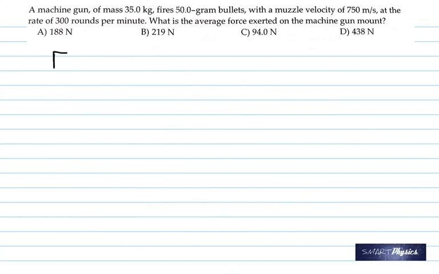Here, the machine gun, the mass is given, 35 kilograms, fires 50-gram bullets with a muzzle velocity, that is just the velocity with which it comes out, 750 meter per second at the rate of 300 rounds per minute. So we got to find the force.